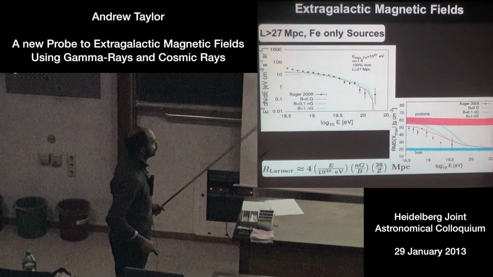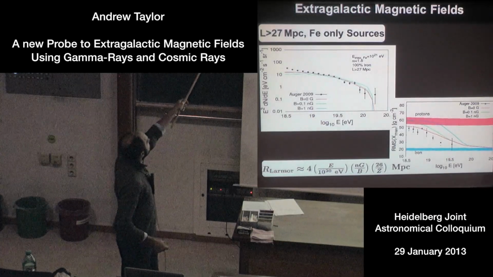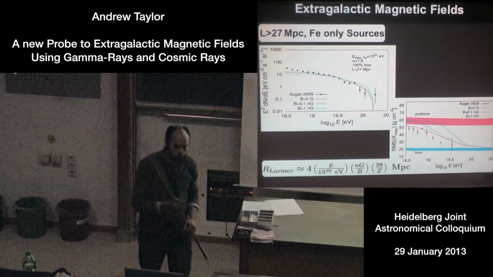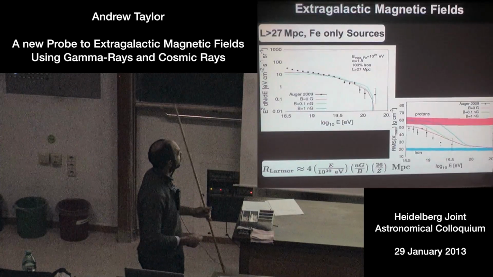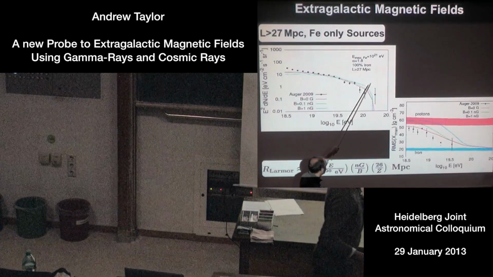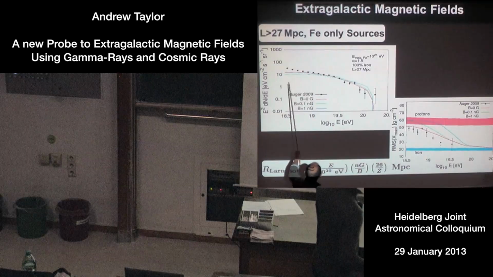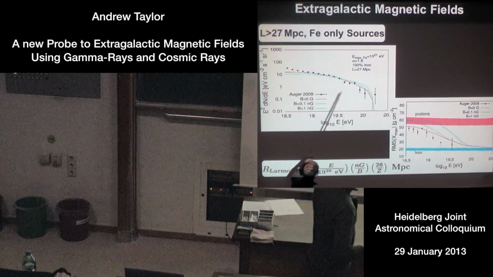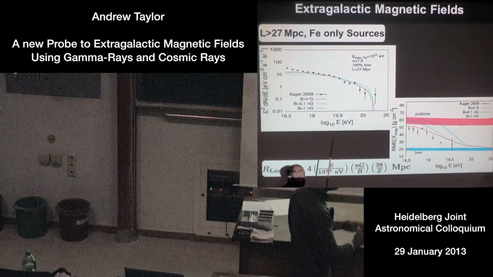So this is what I want to show you here. And let's play a little game where we say, what if the sources are no nearer than 27 megaparsecs? And let's go to an extreme case of an iron-only type source. Okay, in terms of the spectrum, you can fit the data, and the magnetic field actually has a very marginal effect on the spectrum.